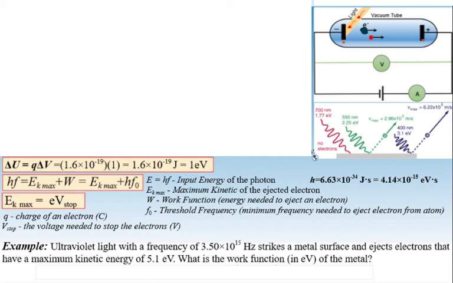It can also be calculated from the maximum kinetic energy of the electron. So if the electron has maximum kinetic energy, then that kinetic energy is going to be equal to the energy needed to stop the electron, or in other words, the stopping potential energy or stopping potential difference.